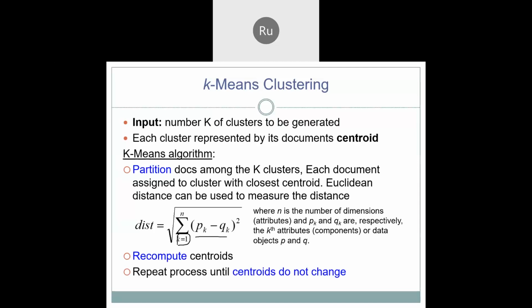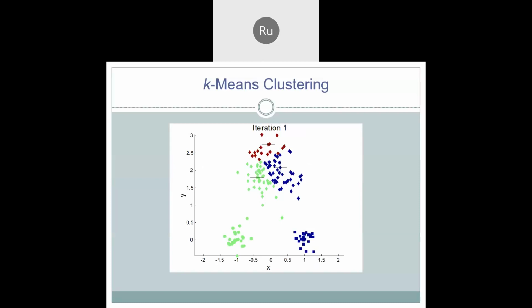For example, like this, you have seen this before. This one is k equal to 3. We randomly pick the centroids, and then we assign all the remaining documents to the nearest centroid. Once we have assigned all of them, we find the new center.